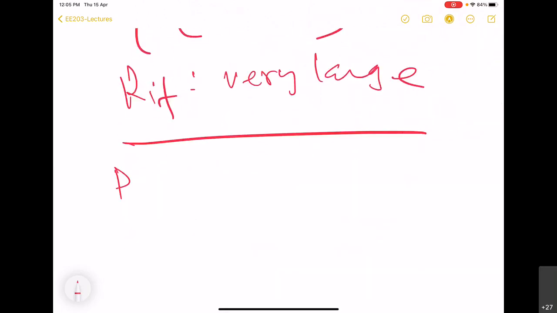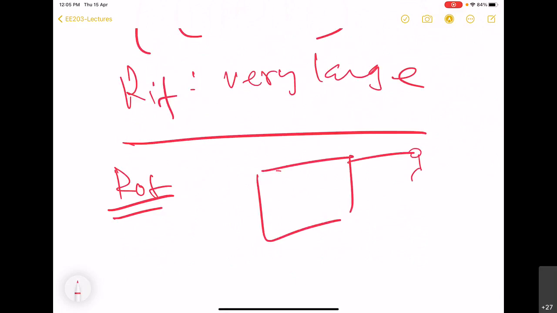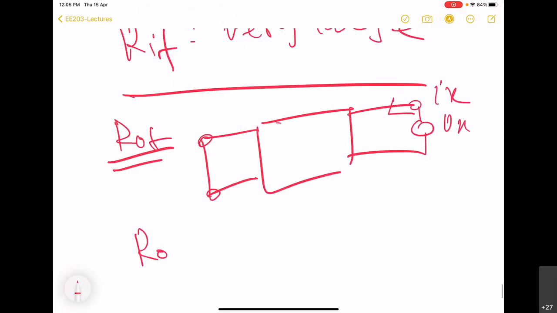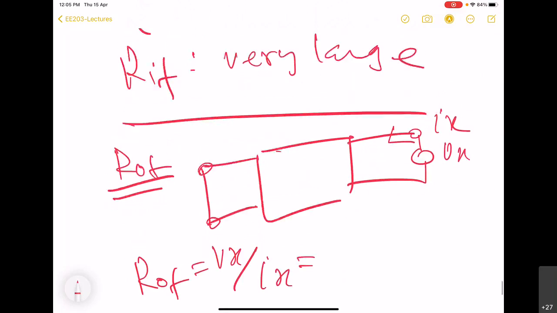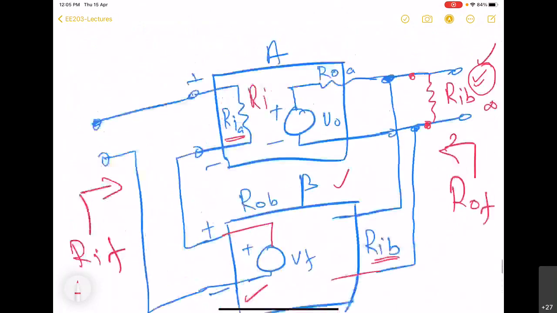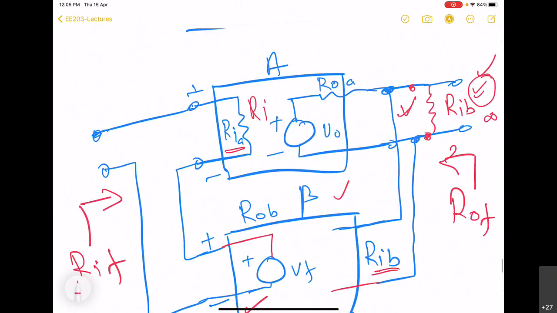Similarly, for the ROF, where we will now connect external voltage source, keep the input side shorted, and find out this ratio. So ROF is Vx by Ix, and here of course we will keep RIB. RIB has to be there.